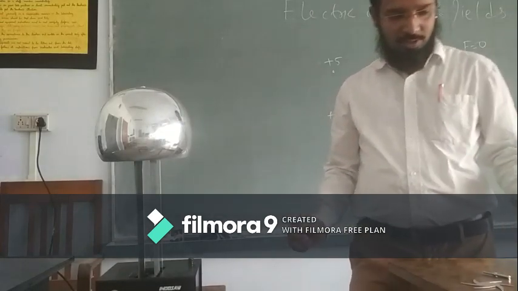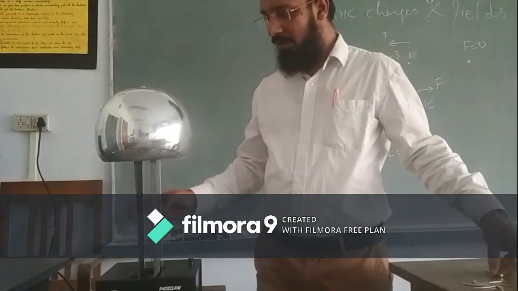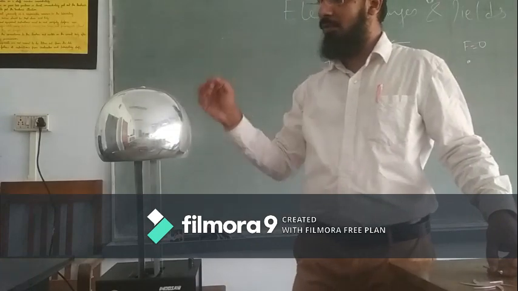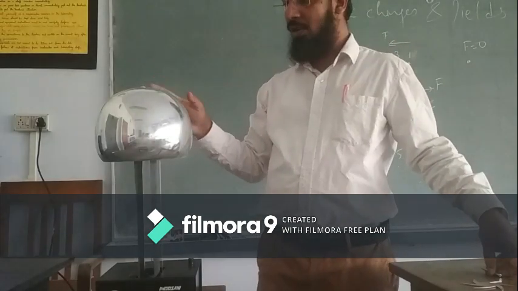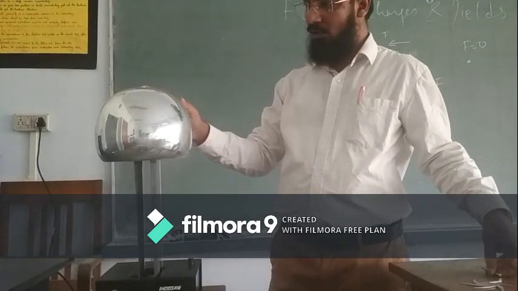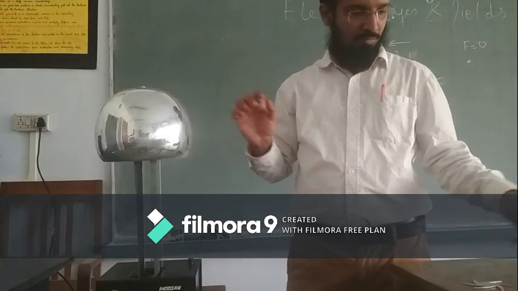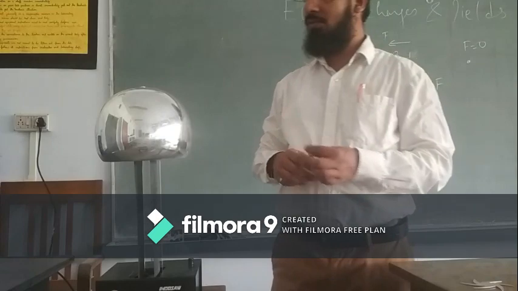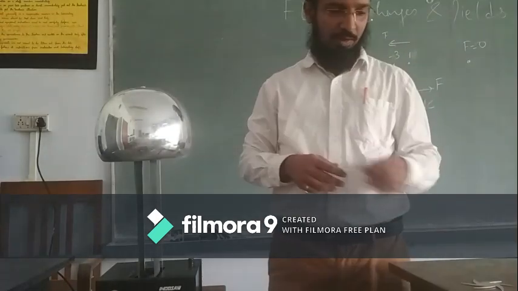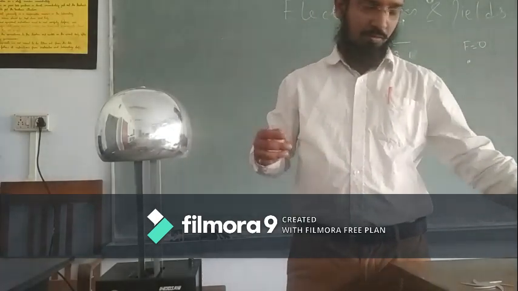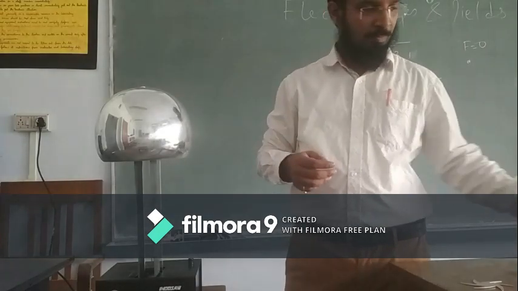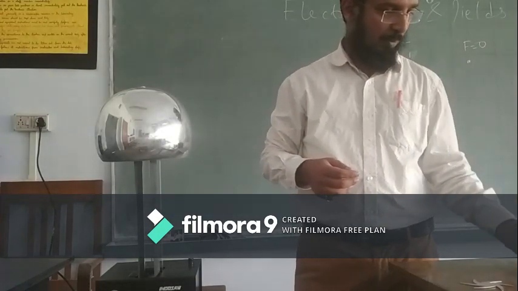Alright, so here we have one Van de Graaff generator. It produces a lot of charge, and the charge gets stored over here on this dome. Of course, as it produces charges, the voltage is very high, thousands of volts, so it's not a very easy experiment.